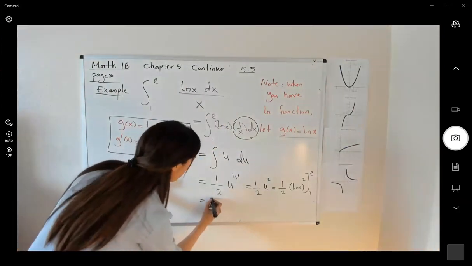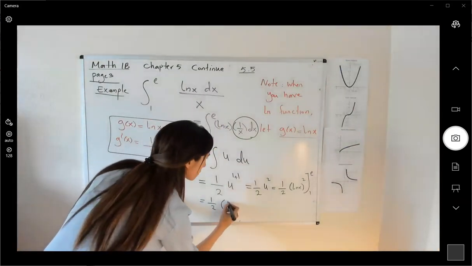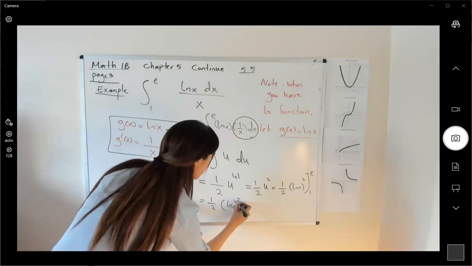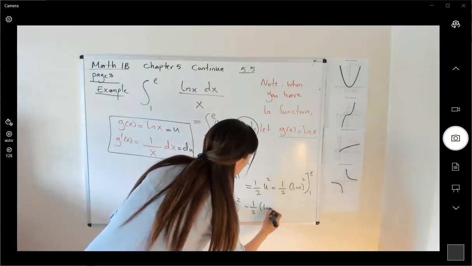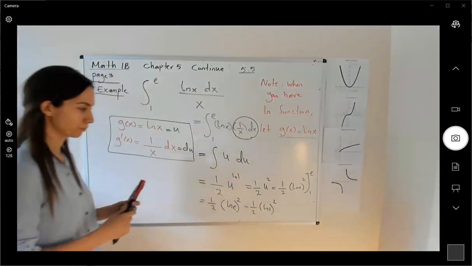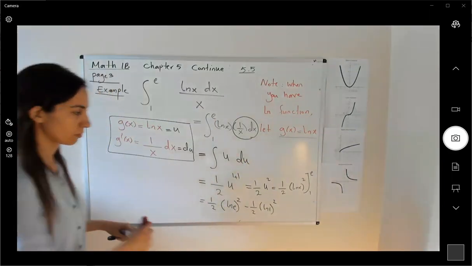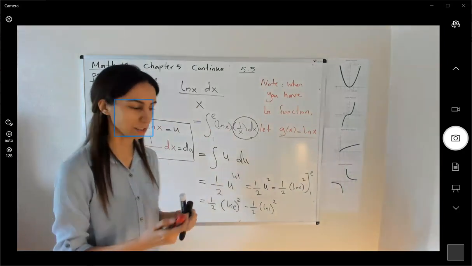So you have a half ln of e raised to 2 minus a half ln of 1 raised to 2. ln of 1 is always 0.